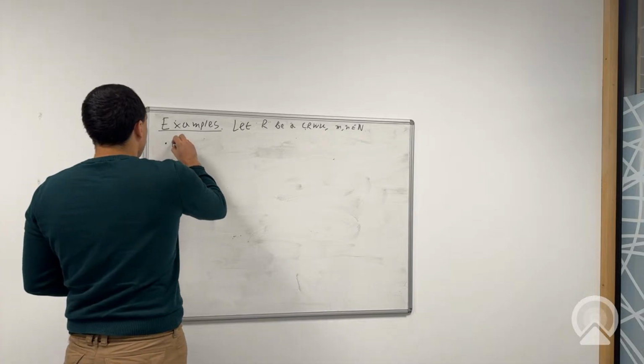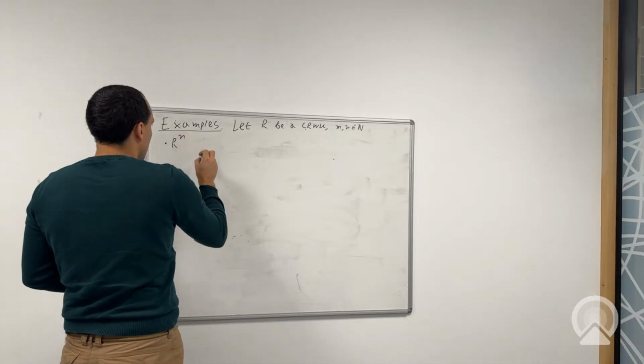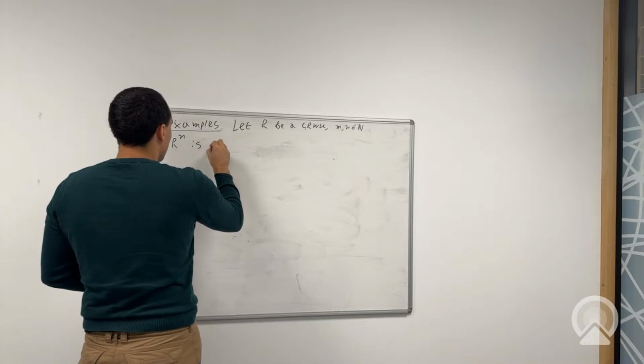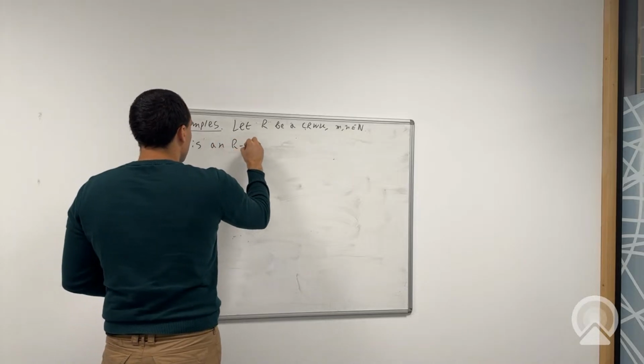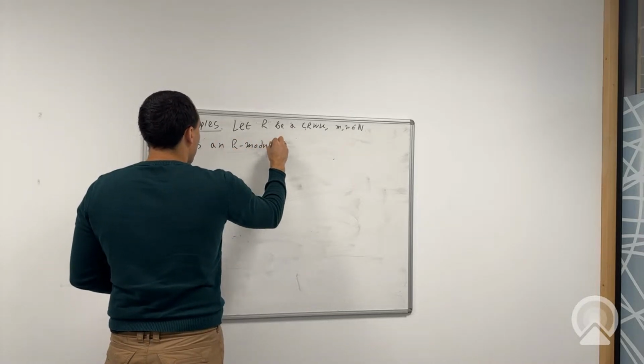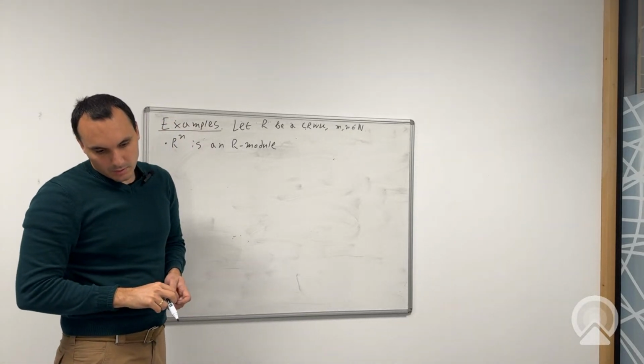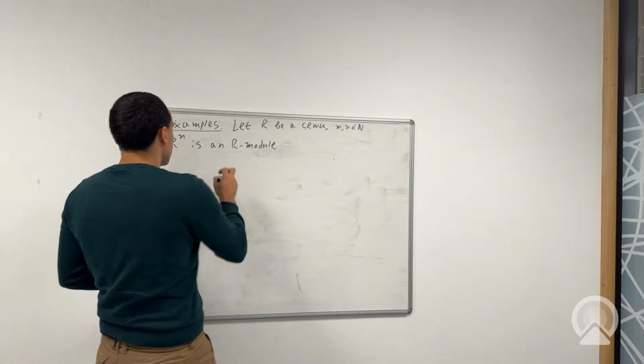So R^n is an R module with the following operations.